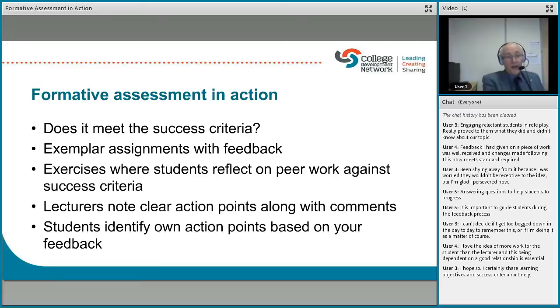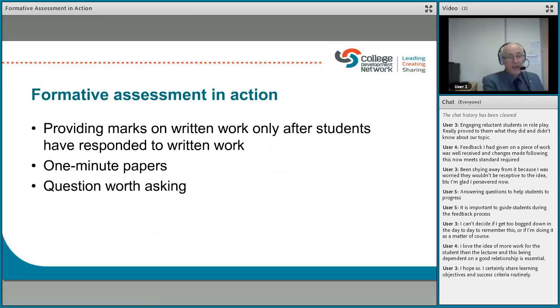And one there, students identify their own action points based on your feedback. That's an interesting formative assessment in action as well, where you ask them to engage with your feedback and to possibly craft their own action points. I think that gets higher order thinking skills going amongst our students.